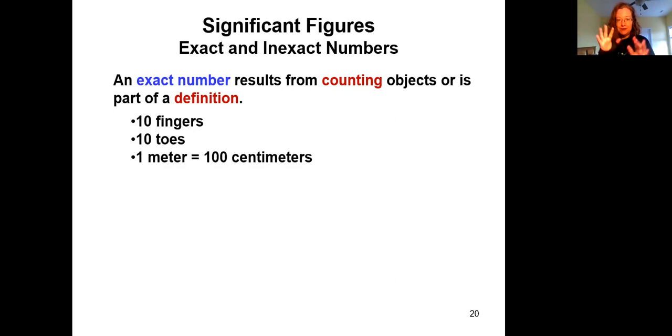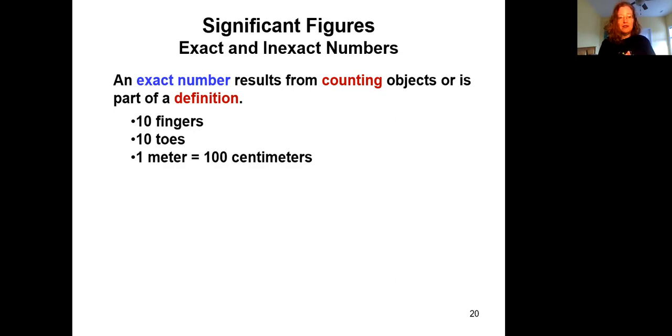For example, hopefully you still have 10 fingers, maybe you still have 10 toes, and we have the definition that 1 meter equals 100 centimeters. In theory, if you have exactly 10 fingers and not 1.5 from a machining accident, and exactly 10 toes, I could say 10 point and then an infinite number of zeros after it.